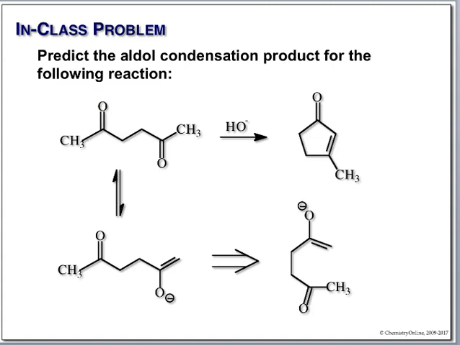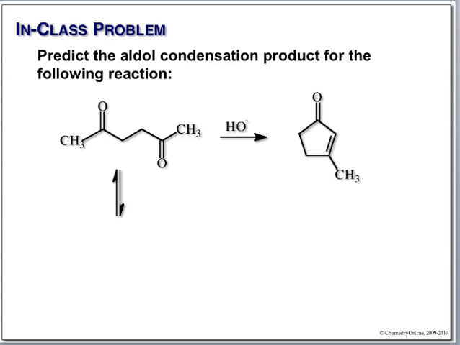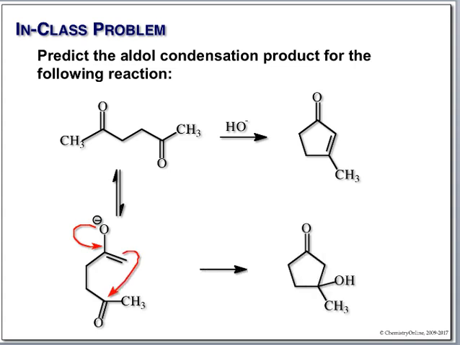Now I hope you can see that this enolate anion is all set up to attack this carbonyl, which is 5 centers away. What's going to happen is the enolate will collapse, the electrons will attack, and by George, we make the beta hydroxy ketone.